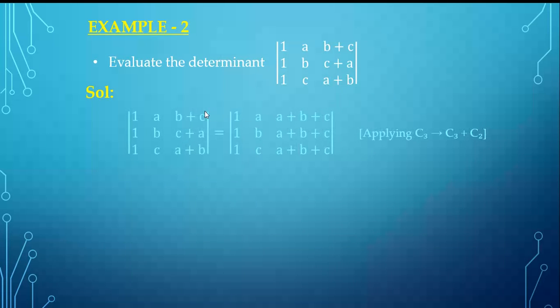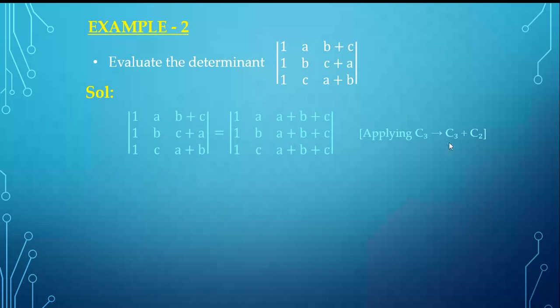So now we use C3 implies C3 plus C2, meaning we add C2 to C3, so it becomes A plus B plus C, again A plus B plus C, and again A plus B plus C, and C1 and C2 are the same.